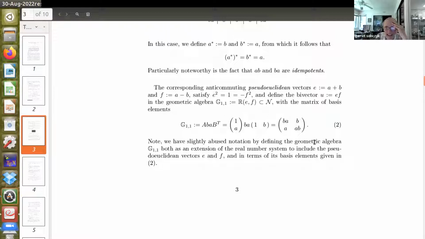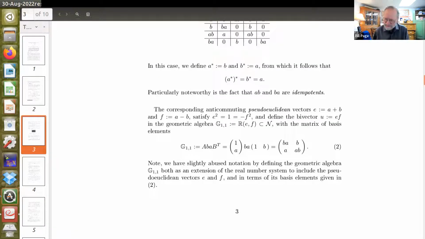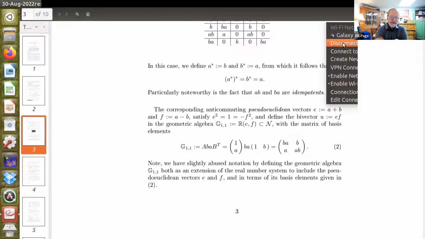If I'm breaking up, I can switch to my other hotspot. Yeah, you are breaking up a little bit. Let me go ahead and switch over to the other hotspot. It's annoying that it was okay, but then suddenly it started to break up. I guess it depends on how much bandwidth you have available on your network.